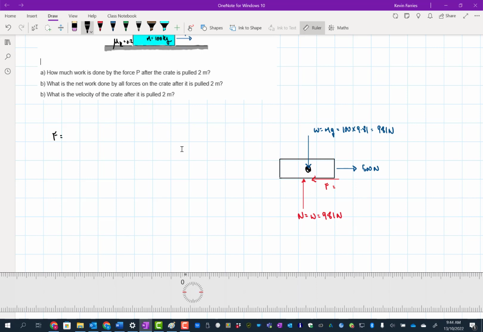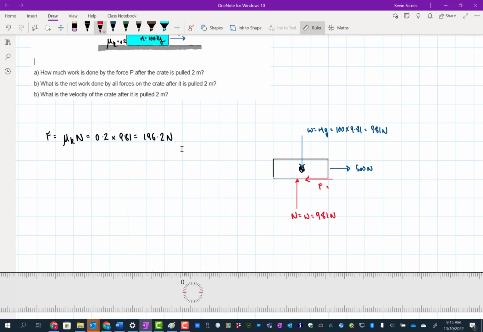So our friction is equal to the coefficient of kinetic friction times the normal force, which is equal to 0.2 times 981, which is 196.2, yeah, that makes sense. 196.2 newtons.